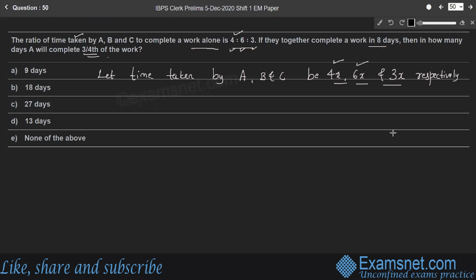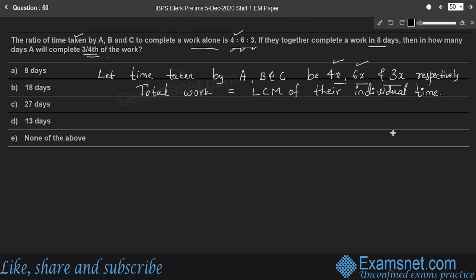So total work is equal to LCM of their individual time. Individual time means time taken by them to work independently or to work alone.